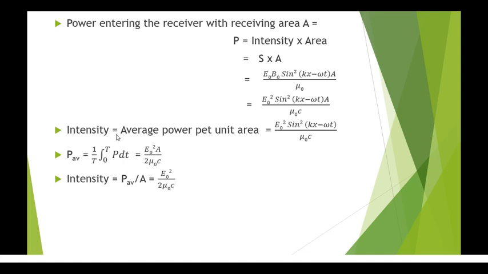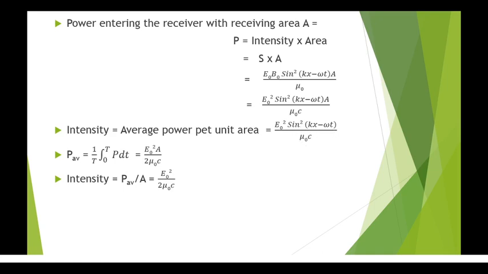And intensity is equal to average power per unit area. So you can divide it by A and you will get the expression for intensity, that is E0 square sin square(kx minus omega t) by mu 0 c.